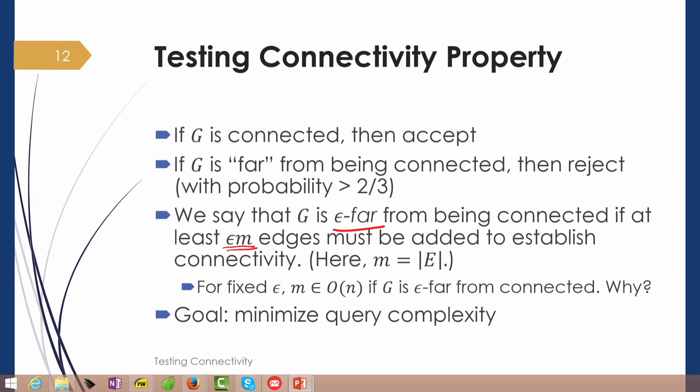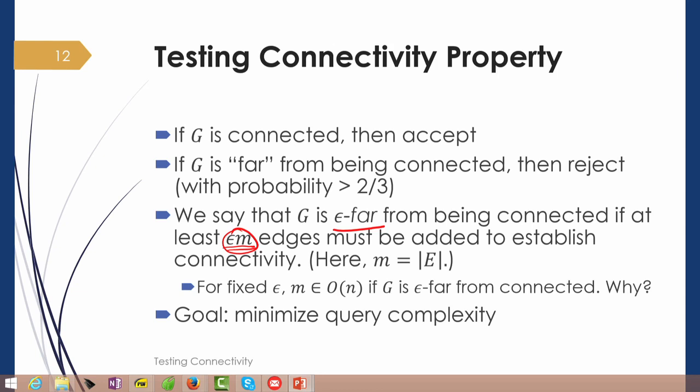So, the graph is highly fragmented if it is epsilon far from being connected, and in order to defragment it, if you will, and get the graph to be connected, we will have to add epsilon m edges.